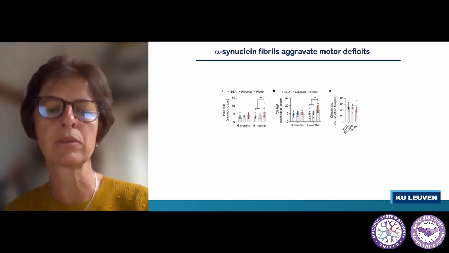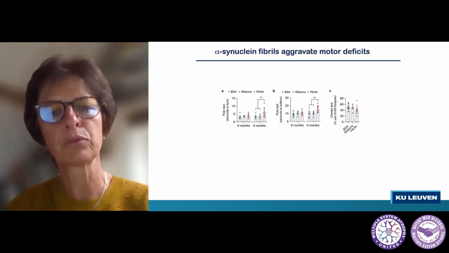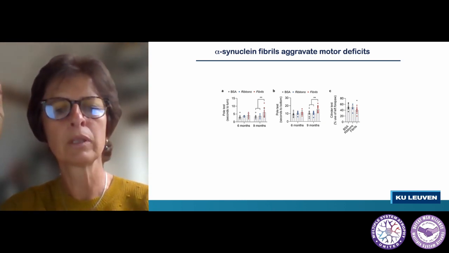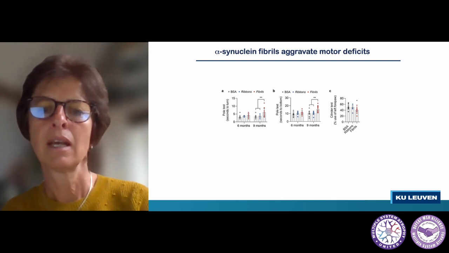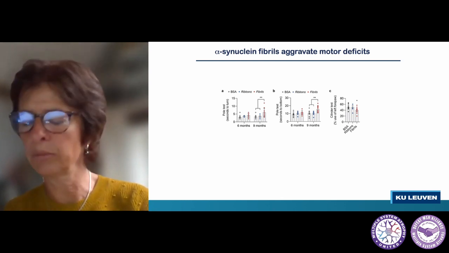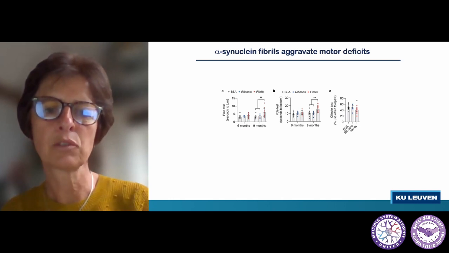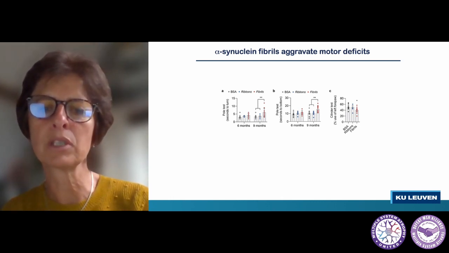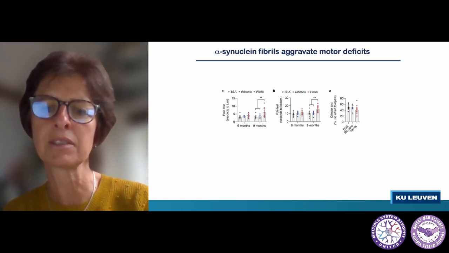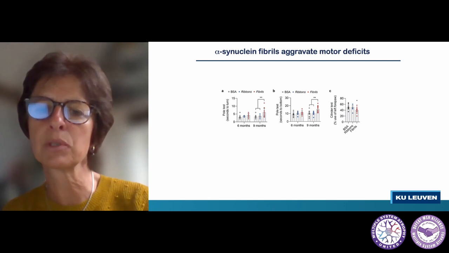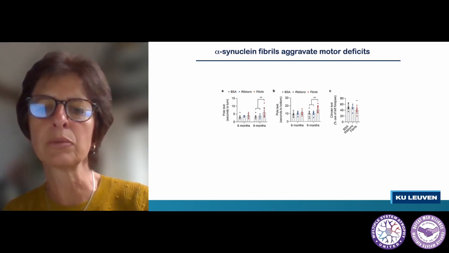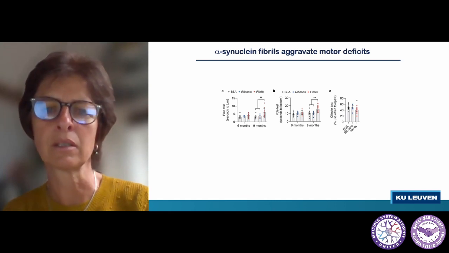There's a pole test, where you let the animal climb onto a pole and then descend again, and the speed of doing this gives an idea of the motor behavior of the animal. We saw that mostly the animals in the fibrillar conditions showed a time-dependent deficit in this test. And also in the cylinder test, we saw that the fibrillar group showed a decrease over time in these motor tests.